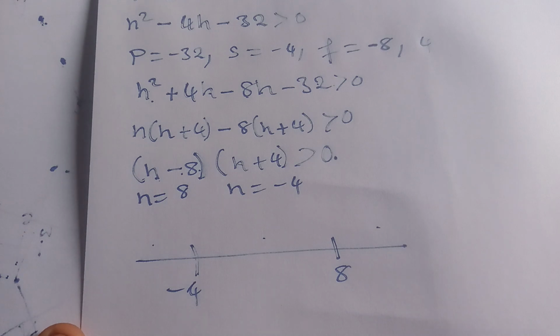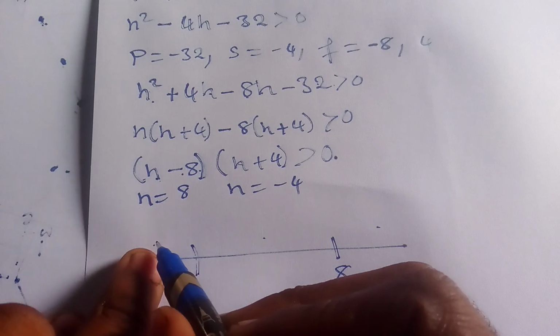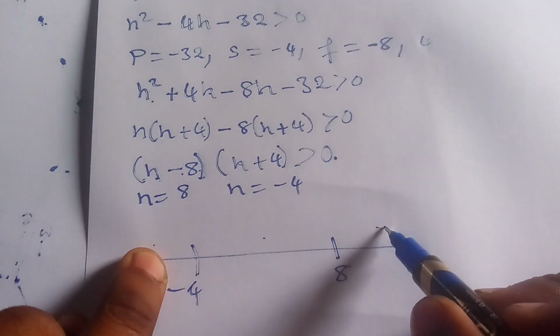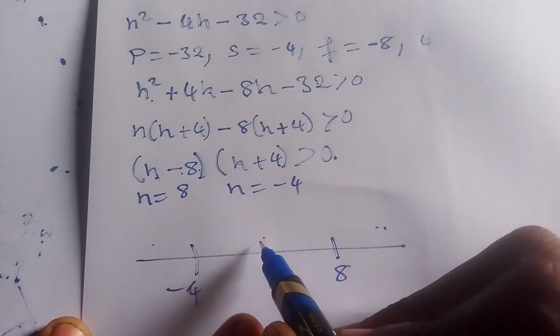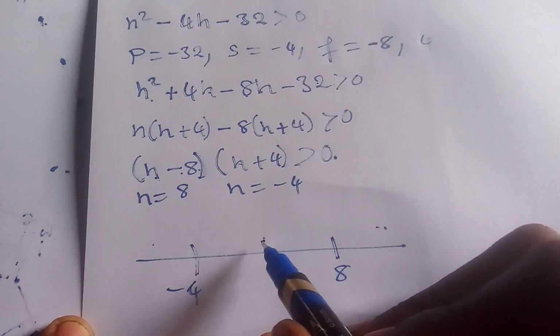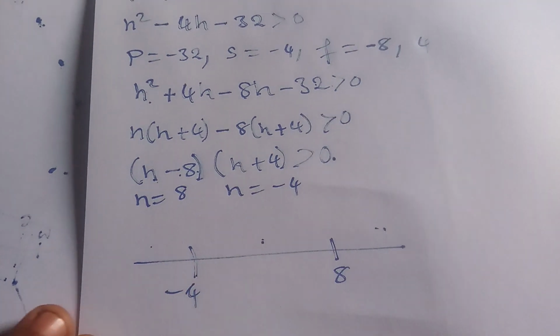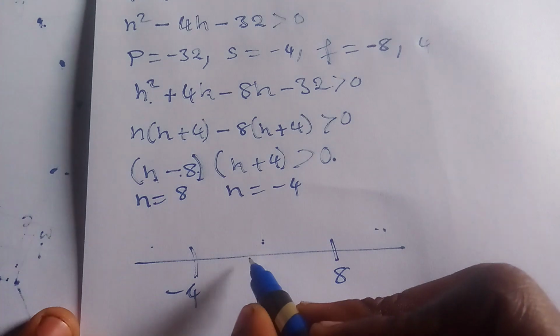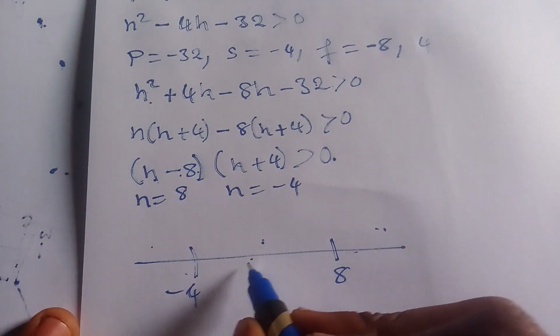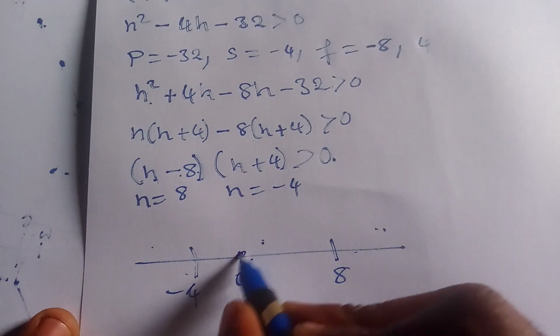But you don't need to test them all, because when I test this and I have some positive feedback, then that will be the case even this side. And then if I test this point and I have some positive feedback, then this is the only region which will be acceptable. So I'll pick a 0 from here, because I know that 0 is somewhere here, like that.